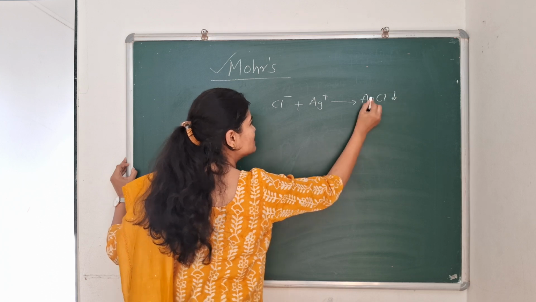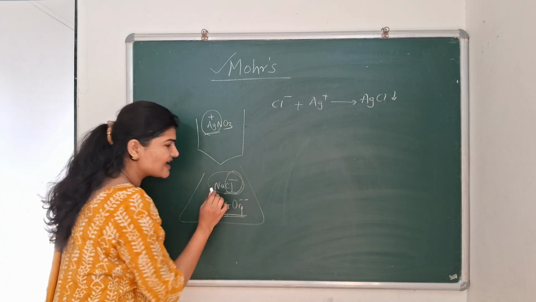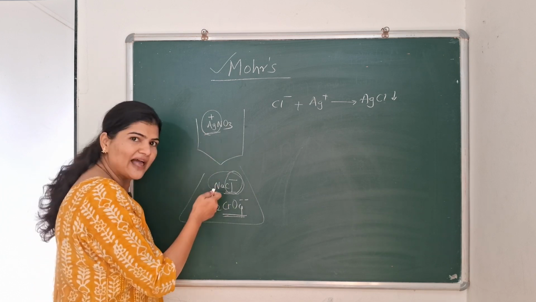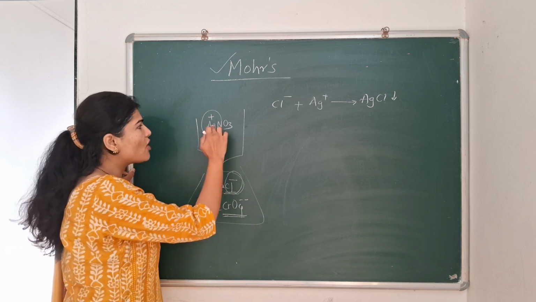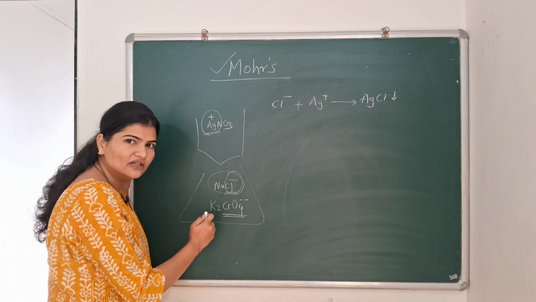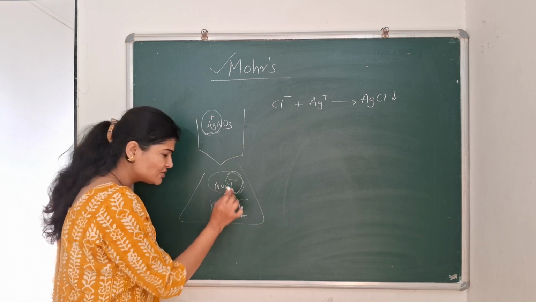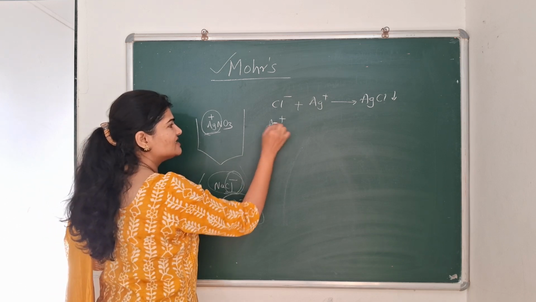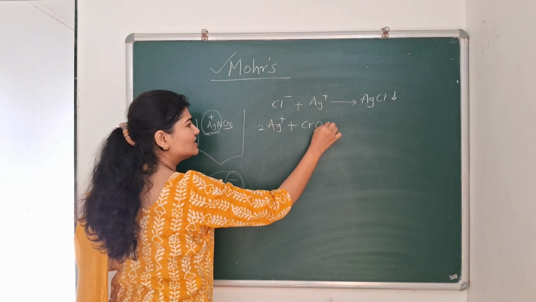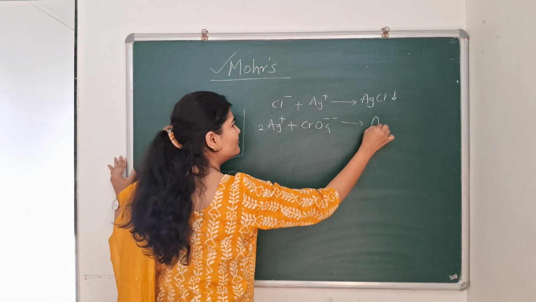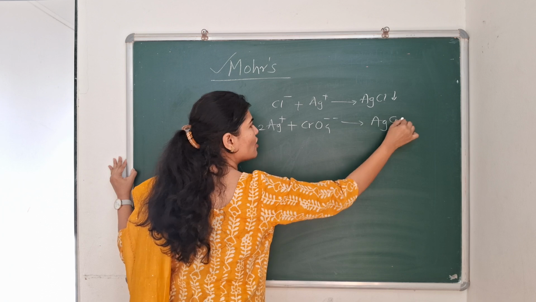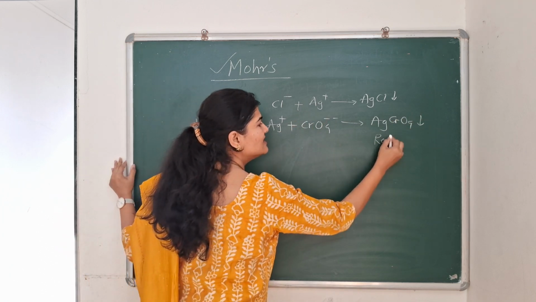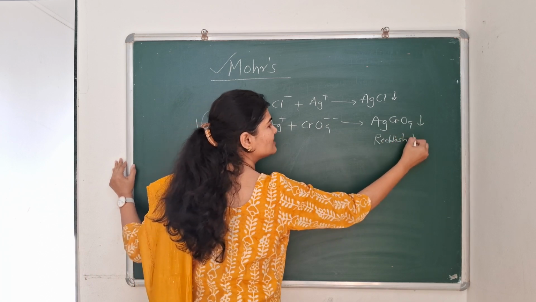Once all the chloride ions are finished from the conical flask, when the excess drop of silver nitrate comes down, there are no more chloride ions, so it will react with the chromate ions. When Ag plus ions react with chromate ions, they form the PPT of silver chromate, and the silver chromate PPT is reddish brown in color.